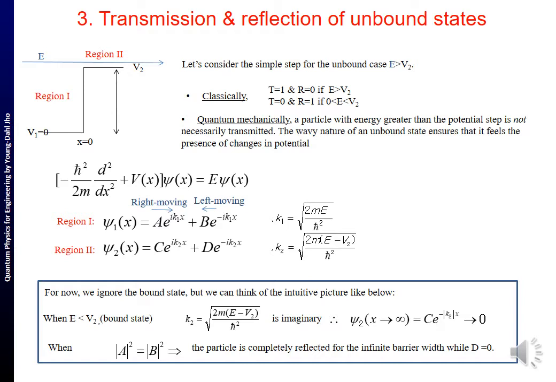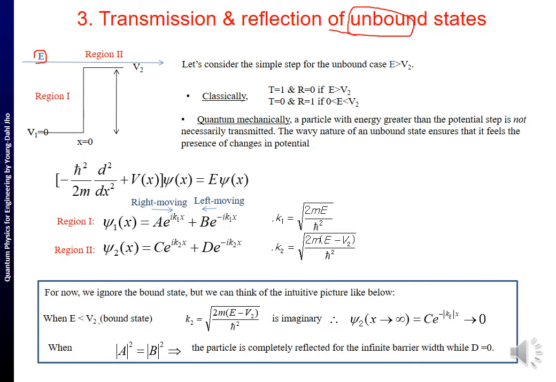Firstly, we will consider transmission and reflection of an unbound state. Unbound means the energy of the electron here, indicated by the blue line, is higher than the barrier height.